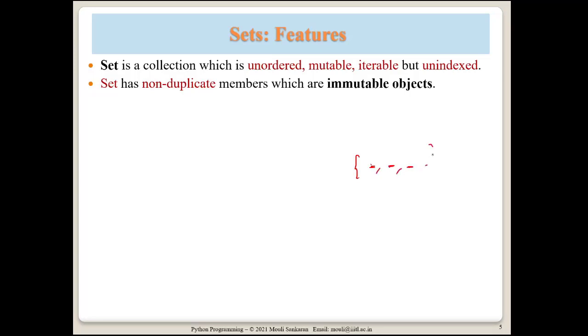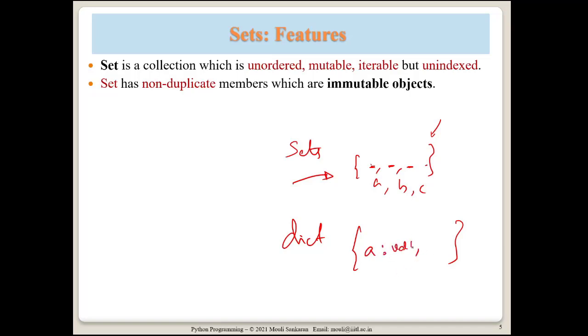Okay. So let me tell you, before we discuss sets in detail, the difference between dictionary and set. I said that A, B, C, a sequence of elements which are not ordered, is a set. And we use a flower bracket for both dictionary as well as sets. Now a dictionary will have maybe A as a key and val 1, and then B colon val 2, then C colon val 3.